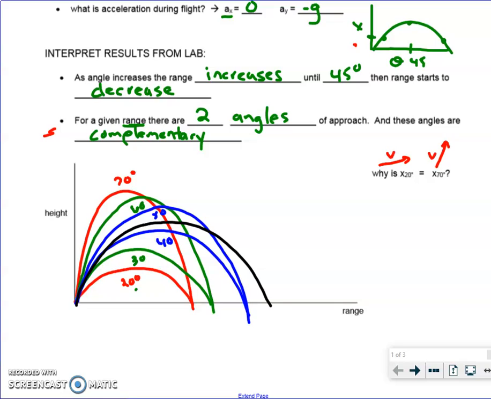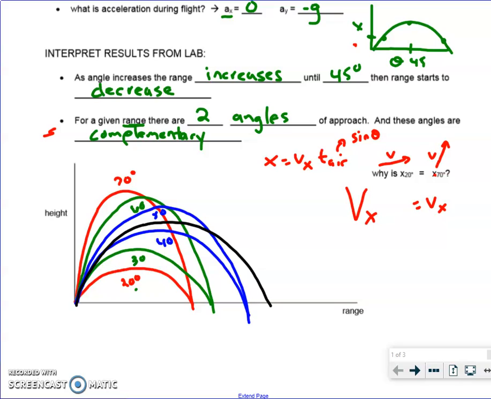In essence, range is simply equal to Vx times time in the air. Simply how fast you're moving forward multiplied by how much time you're moving forward. We just saw in the previous problem that time in the air depends on the sine of the angle. So in other words, when you fire something at 20, you have a big Vx compared to 70. 70 has a little Vx because 70 is more vertical, it's less horizontal.